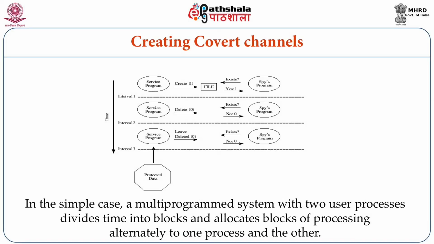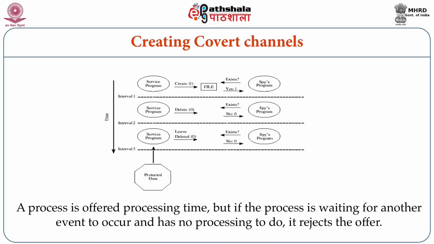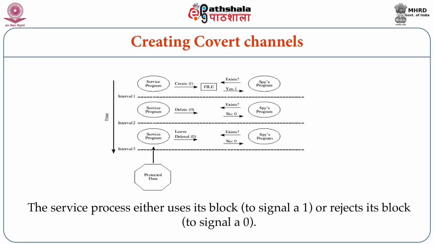A multi-program system with 2 user processes divides time into blocks and allocates blocks of processing alternately to one process and the other. A process is offered processing time, but if the process is waiting for another event to occur and has no processing to do, it rejects the offer. The service process either uses its block to signal 1 or rejects by signaling 0.